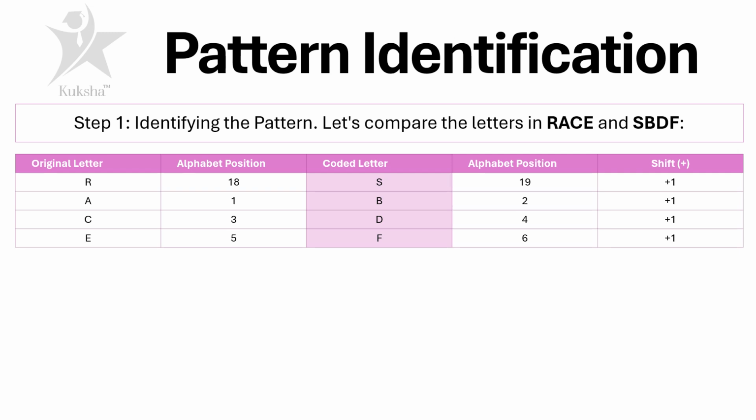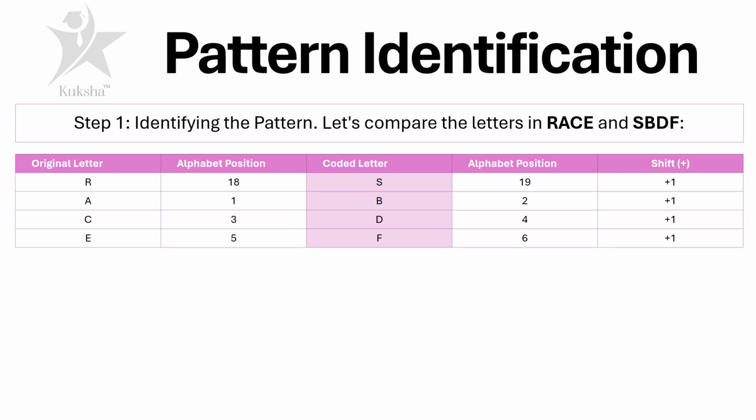For RACE, the position of R in A to Z is number 18. Since we are shifting it by 1, what is number 19? S. What comes after R is S.